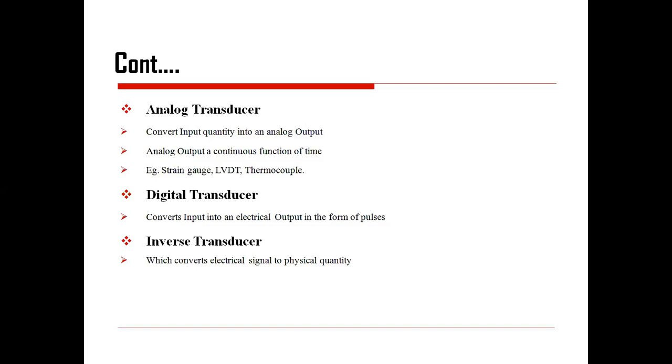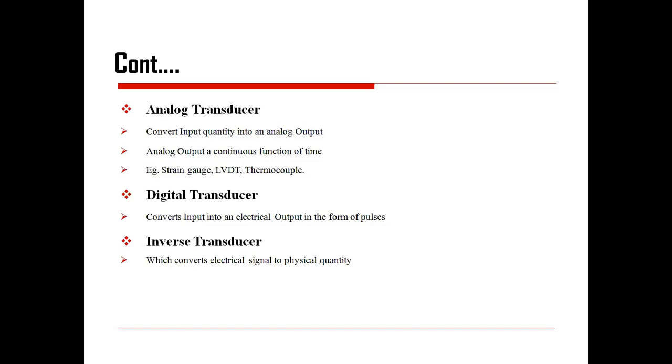It is not discrete. Here the examples are strain gauge, LVDT, thermocouple, with the help of which we measure using a voltmeter or some display, and that is the continuous output which we are getting.